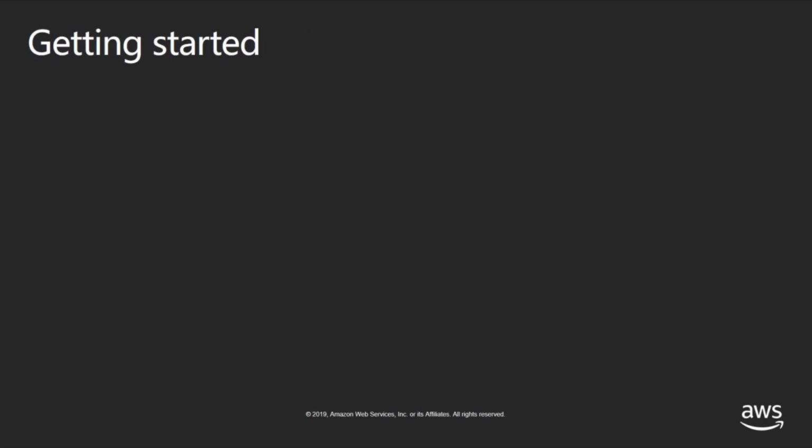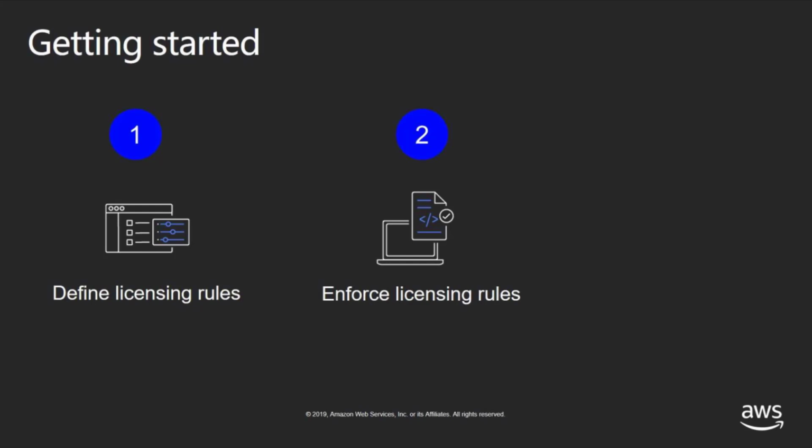It is very easy to get started with License Manager. Step 1, administrators start by creating rules based on their enterprise agreements. They can do it using AWS Management Console, CLI, or API. Step 2, administrators enforce licensing rules by attaching them to instance launch.